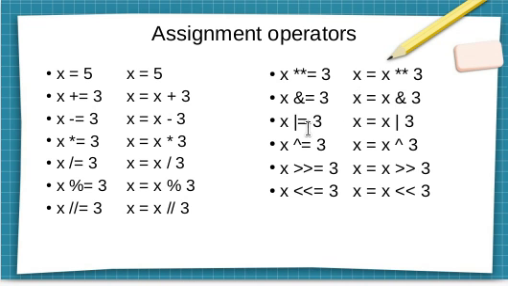Like this, x or equal to 3 means x equal to x or 3, which is also a bitwise operator. x right shift equal to 3 means the bits will be shifted to the right and the rightmost bits will be deleted, and this value will be stored in x. x left shift 3 means 3 zeros will be added after that. So these are the assignment operators.